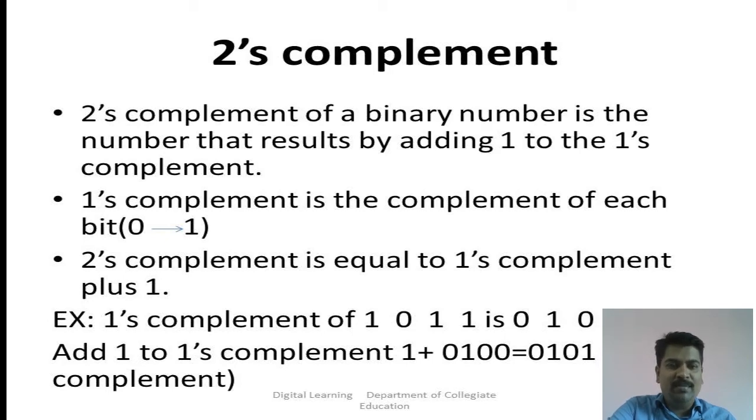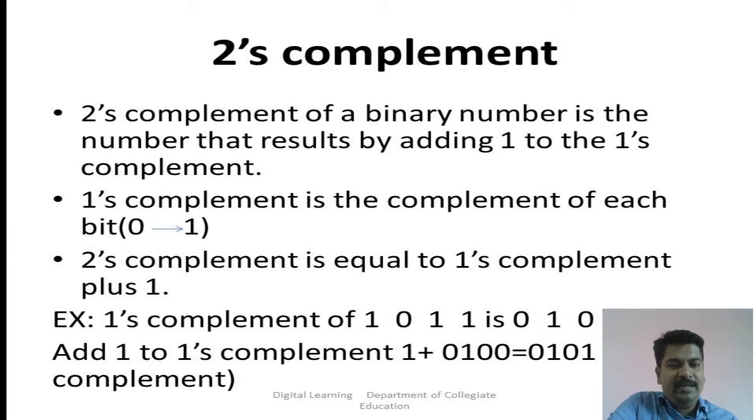This is the 2's complement method. Now the 2's complement of a given binary number is the number that results by adding 1 to the 1's complement. It's a simple thing, adding 1 to the 1's complement. Then what is 1's complement? 1's complement is the complement of each bit.